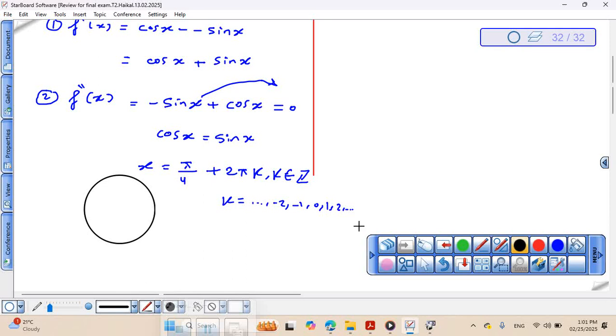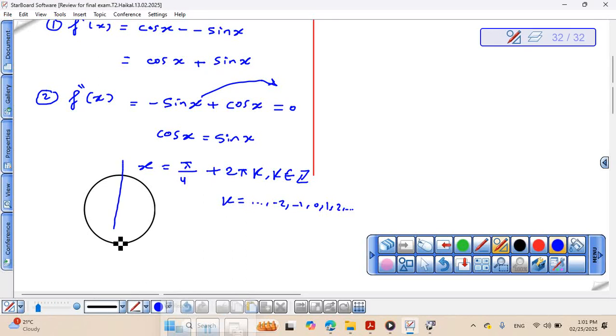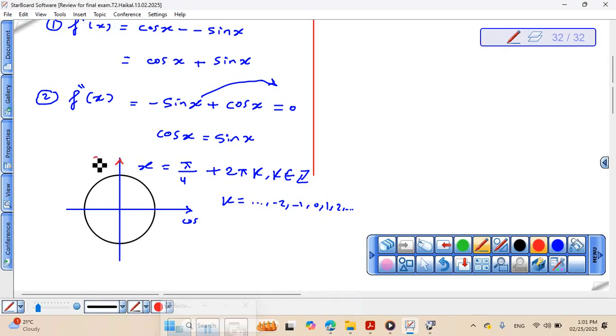This is the cosine axis. This is the sine axis. This is the angle pi over 4, where the cosine equals the sine. Also, this is another angle where the cosine equals the sine.